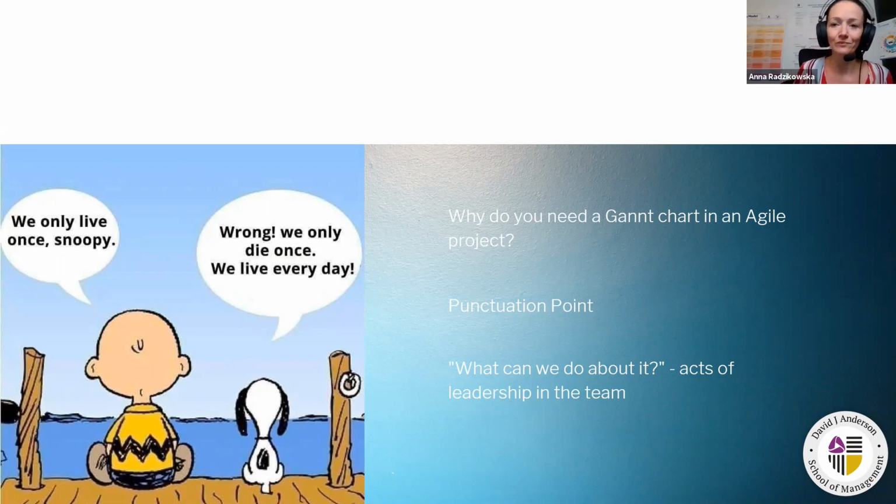So we started to prepare, and when we created the initial documentation, I was asked, Anya, could you please prepare the Gantt chart? And I was a bit confused because why do we actually need the Gantt chart in this kind of project? We have a 2 years time horizon. We actually have no big clue what we are going to do. We just know that we have 15 reports, we need to automate them, but how we are going to do it, what we are going to do, and what the precise requirements are, no idea.